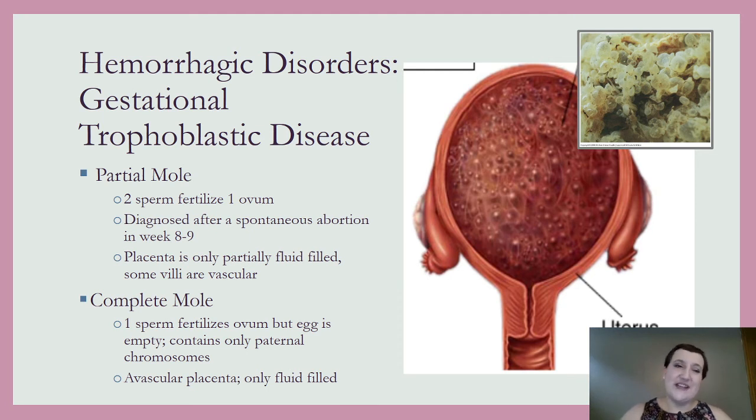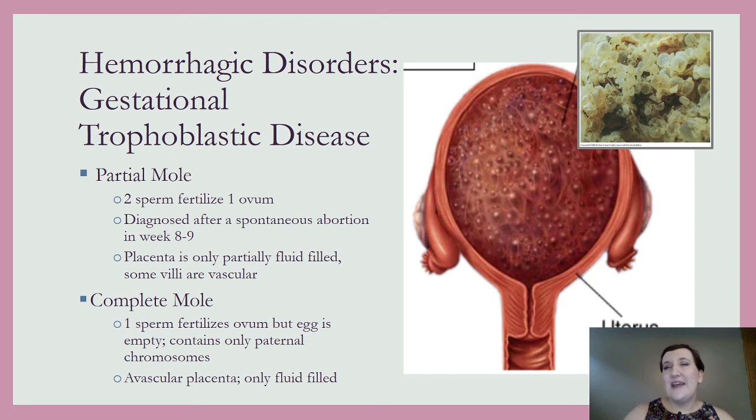This is usually diagnosed after a spontaneous abortion around 8 to 9 weeks of gestation. The placenta is only partially fluid-filled. Some villi are vascular, so you're going to obviously see some bleeding. In a partial mole, sometimes they contain embryonic or fetal parts as well as an amniotic sac.